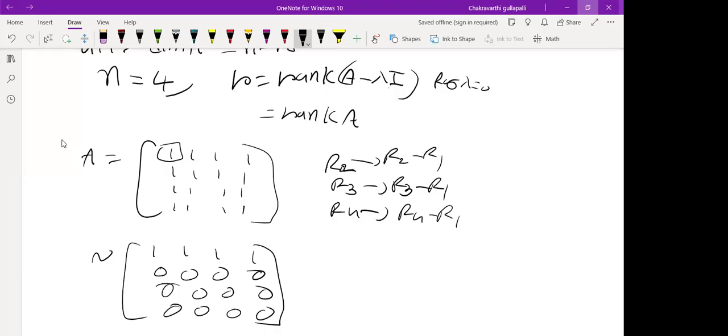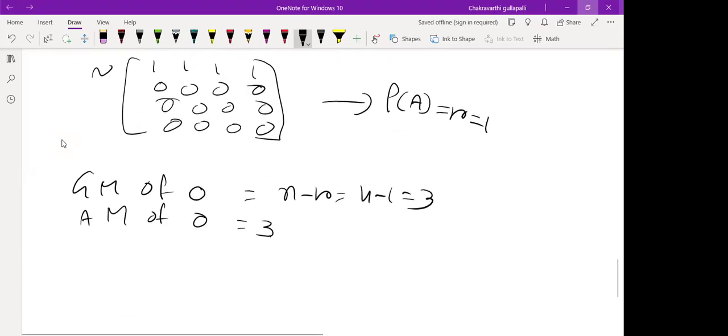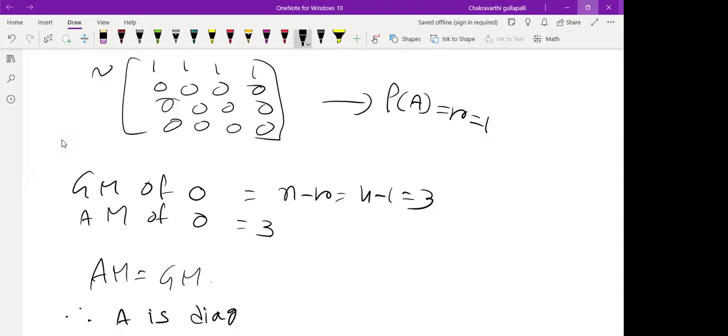It is in echelon form. What is the rank? The number of non-zero rows, which is 1. Therefore the geometric multiplicity of 0 is n minus r, 4 minus 1, which is 3. The algebraic multiplicity, how many times it repeats, is 3. Therefore AM is equal to GM, so A is diagonalizable.